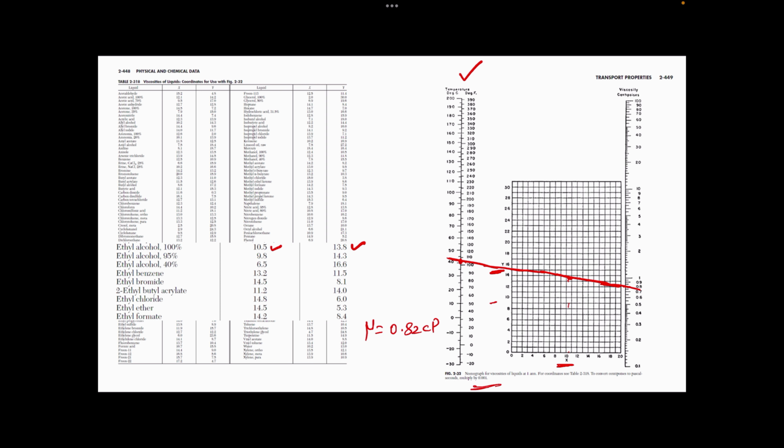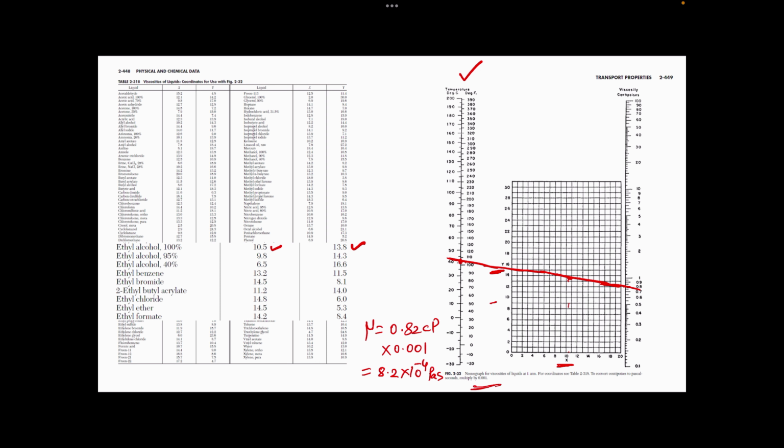You will end up again, previously we got 8.18, here you are going to get 8.2 into 10 raised to minus 4 Pascal second. I hope these two methods, one using a table and the other using the nomograph, are clear.